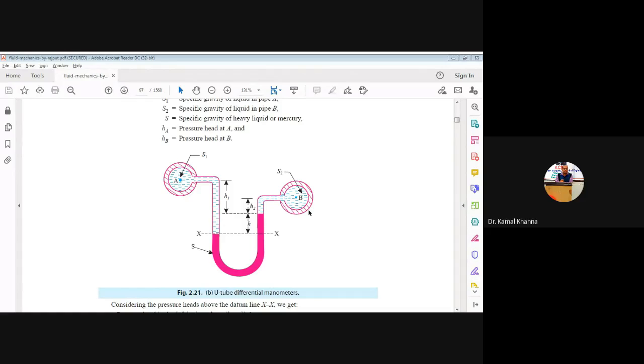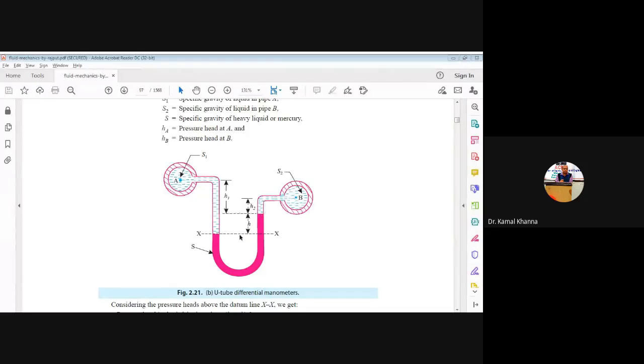The pressure head of the second liquid is H2, and the pressure head of mercury is H. So there are two reference lines: one is XX and the second is ZZ. What is ZZ? It is where the mercury meets the second liquid at point B, where the cursor of the mouse is being shown. This line is called ZZ, and this is called XX, where the first liquid and mercury meet.